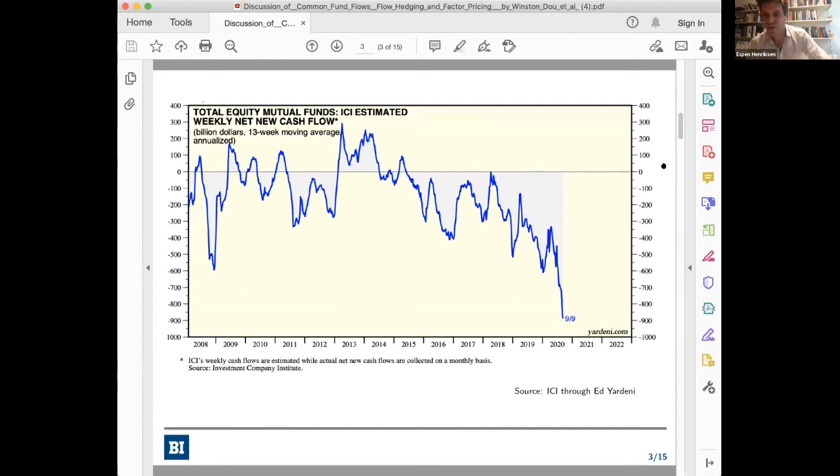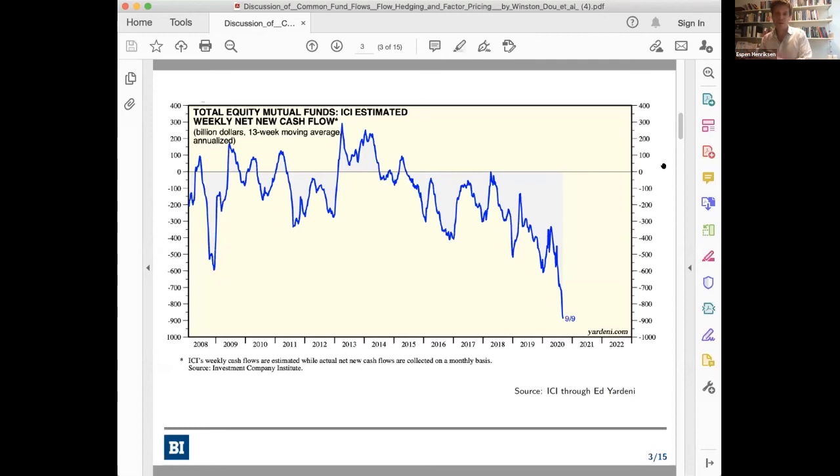What is pretty obvious when we compare the integral below the horizontal line with the integral above it is how huge the outflows have been compared to the inflows during the last 12 years. So, two points: active funds have seen a huge outflow.